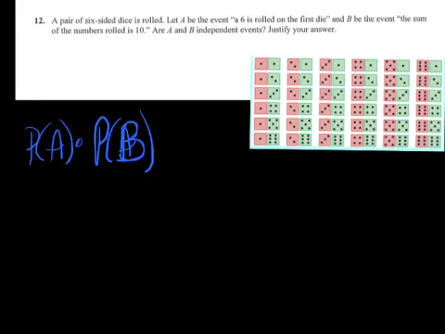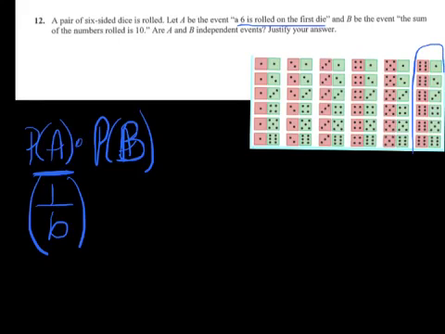Okay, the probability of A happening. Event A is this. A 6 is rolled on the first die. If a 6 is rolled on the first die, you could think of it one of 2 ways. You could say it's 1 die, so it's 1 out of 6. Okay? Or you could say the 6 is rolled on the first die. If you get the whole set, it's 6 out of 36, which is the same as that. Okay?